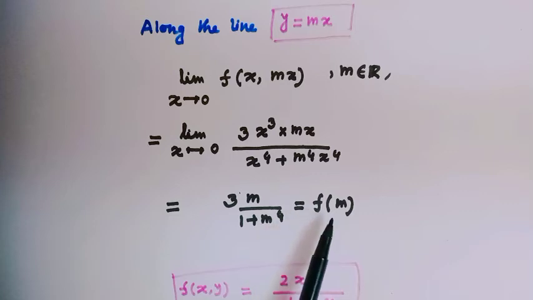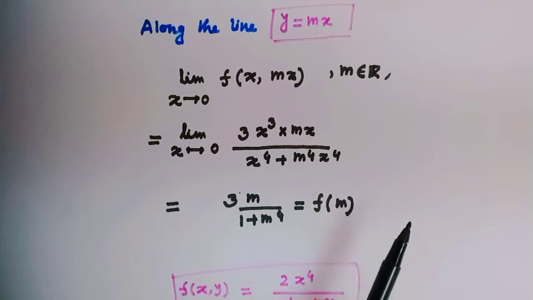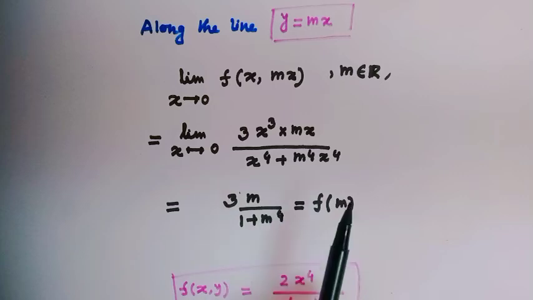This is the function which depends on m. This is the new function. So here the limit cannot exist because on different paths the value of the limit is different.